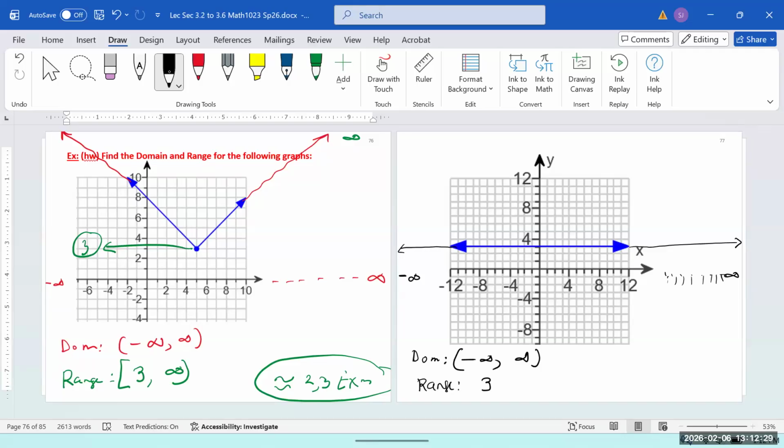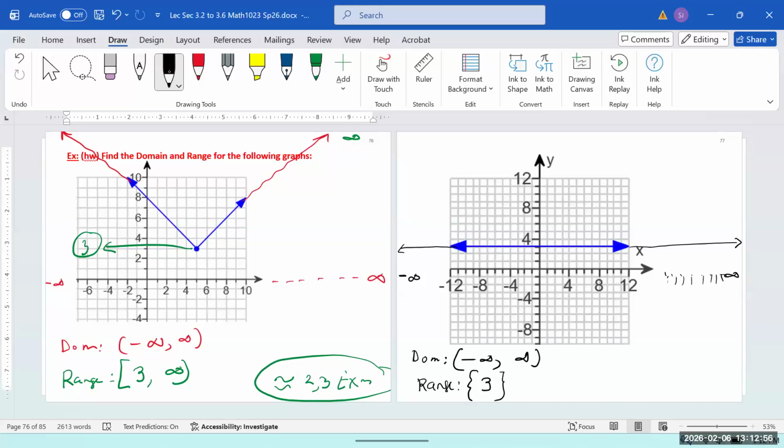So for one number, what type of boundary do we use? Curly brackets. So for one number in the domain or range, it's curly bracket. If you have a hole, it means parentheses, hole or infinity. And if you don't have any problem, then it's always brackets.